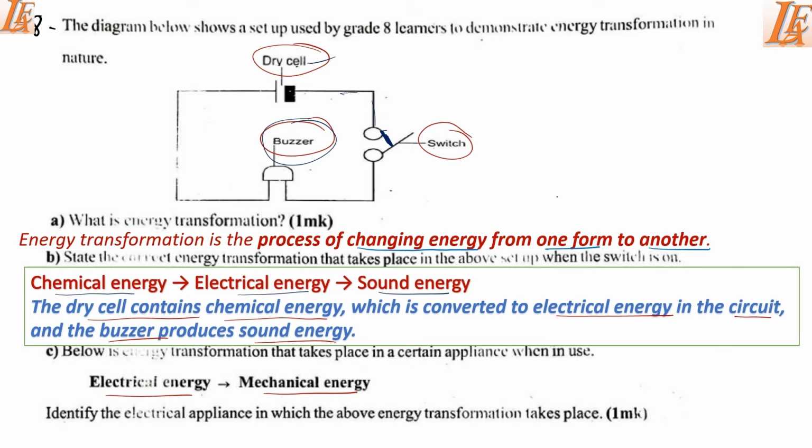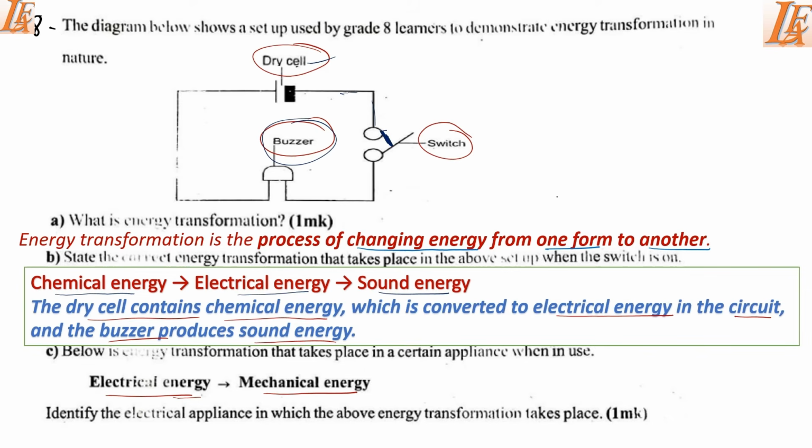Remember, electrical energy is energy possessed by the movement of electrons, while mechanical energy is energy possessed by a body either in motion, that is kinetic energy, or which is at rest, so that is potential energy.